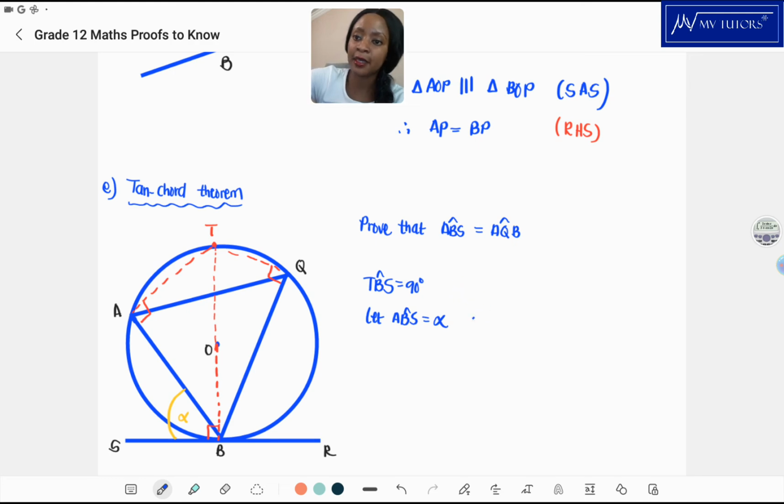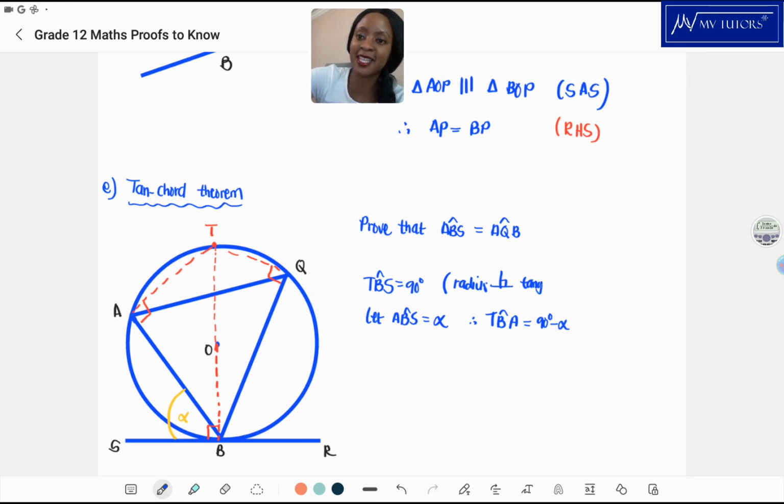Therefore TBA will be equal to 90 minus alpha. Oh, I forgot to write here, TBS is equal to 90 degrees. That is because we have a radius that is perpendicular to our tangent.